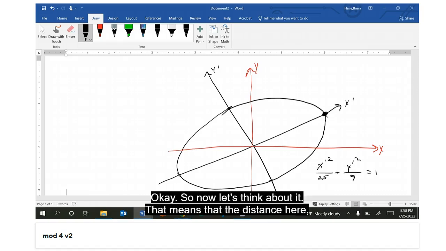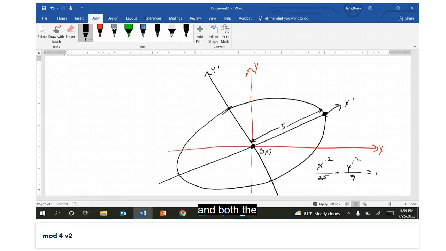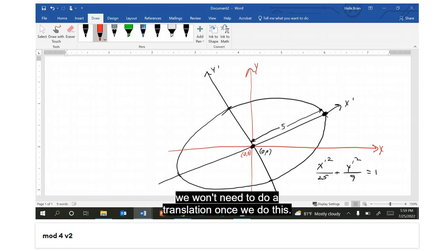Okay, so now let's think about it. That means that the distance here, this is 5 from here out to this vertex. I'm lining these up so where this is my origin right here is 0, 0 in both the x prime y prime plane and in the xy plane. So we won't need to do a translation once we do this.